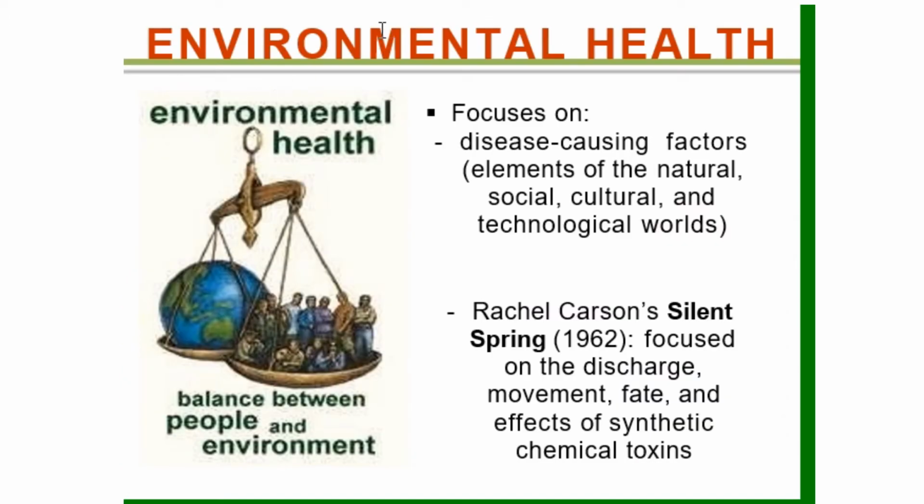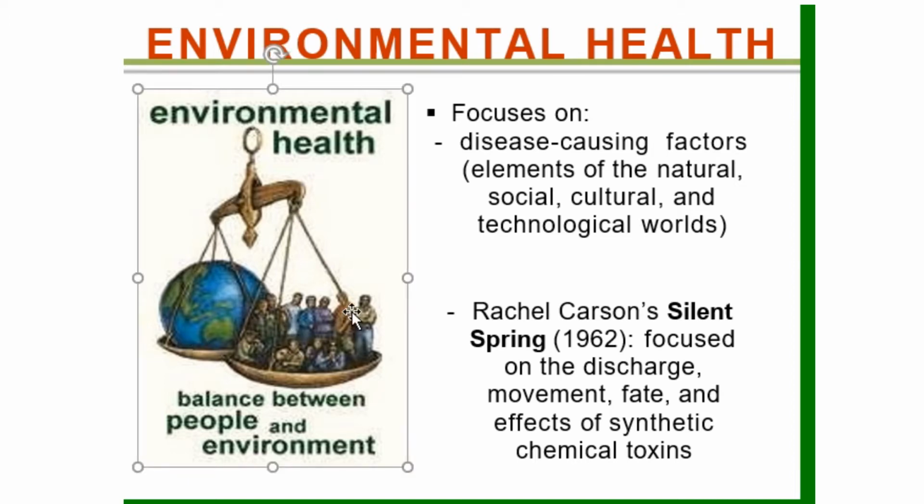So the first one here, we have the definition of environmental health. If you try to observe, we have here the picture of a weighing scale balancing between the people and the environment. Now, balance is good. However, the number of the population increases yearly, and a huge population might overwhelm planet Earth.